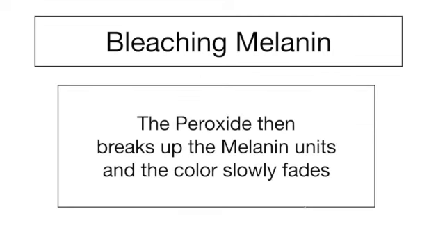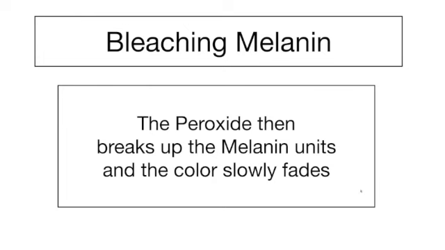The peroxide, notice I said peroxide, not ammonia, then breaks up the melanin units, and the color slowly fades away. As the peroxide makes the strand of melanin smaller and smaller, the color slowly fades from the hair.